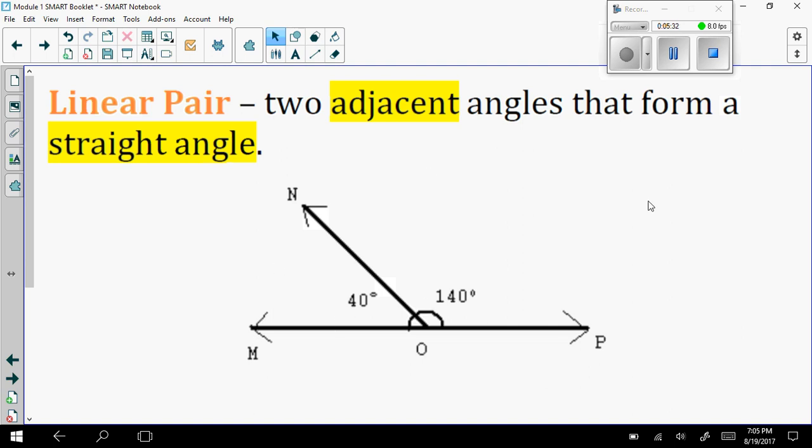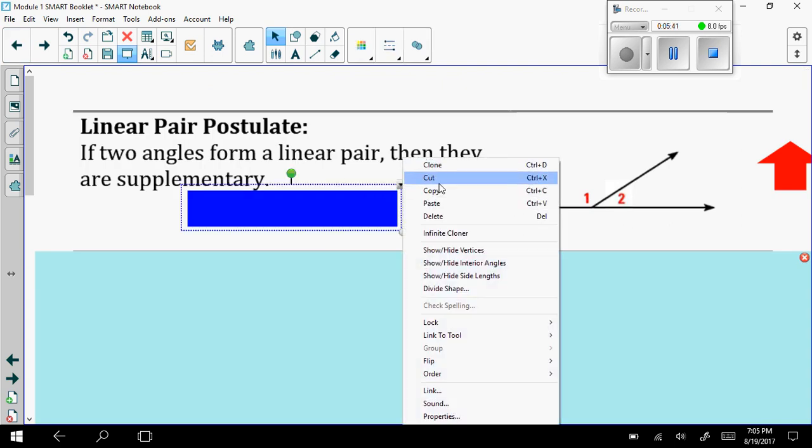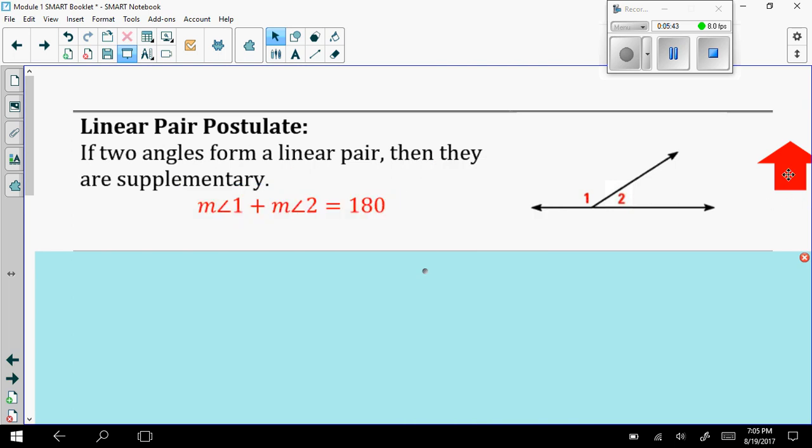So this is an example of a linear pair. So if they form a linear pair, then they are supplementary. In other words, in this diagram here, the measure of angle 1 plus the measure of angle 2 is equal to 180. And that should make sense because they're forming a straight line. The measure of a straight line is 180.